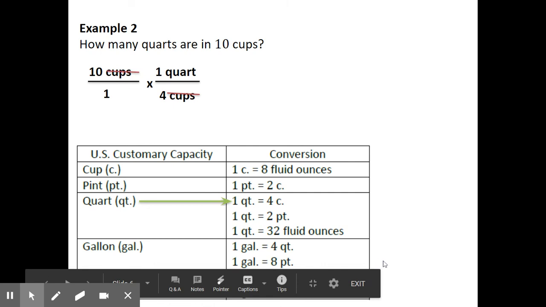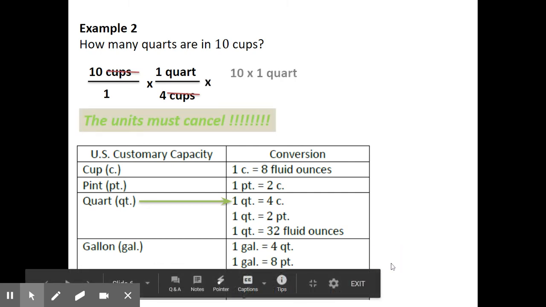Multiply straight across. 10 times 1 quart is 10 quarts. And 1 times 4 is 4. We now have 10 over 4, which can reduce to 2.5 quarts. And quarts is all that was left.